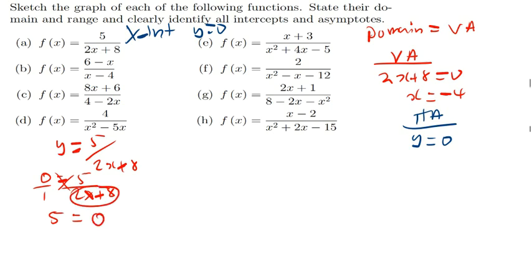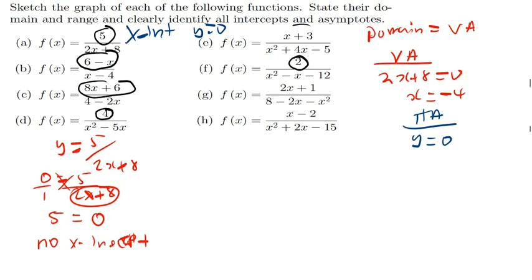So you say no x-intercept. In simple terms, if x is not appearing on top, then this function has no x-intercept. If x is appearing on top, this function has an x-intercept. That's the simplest way. Have I made myself clear?